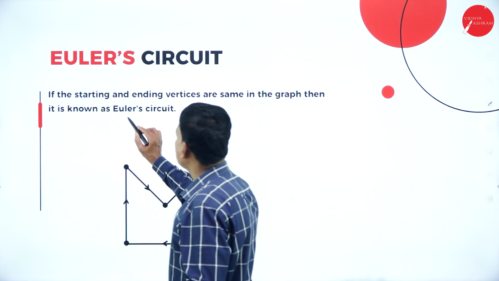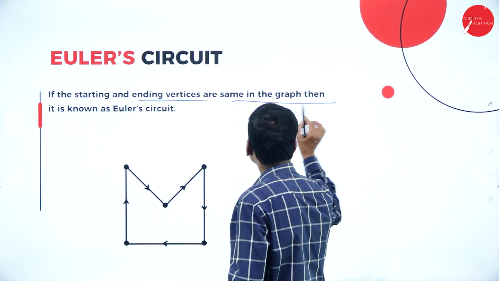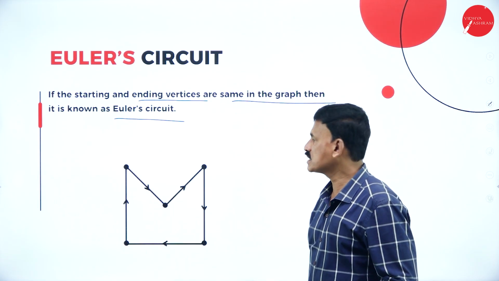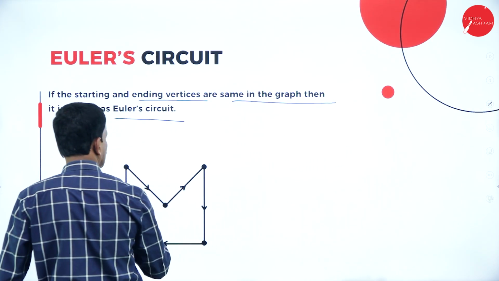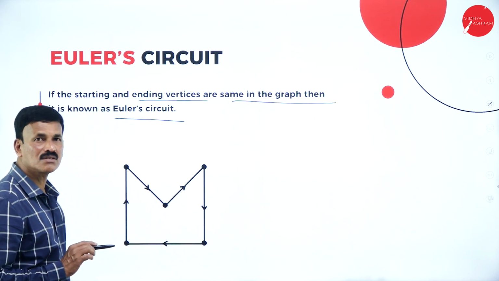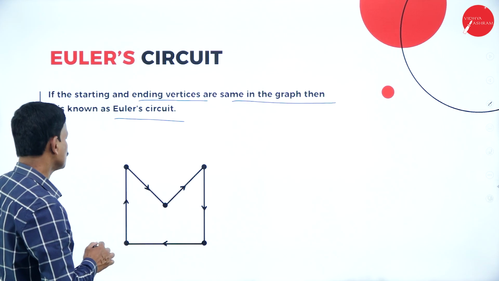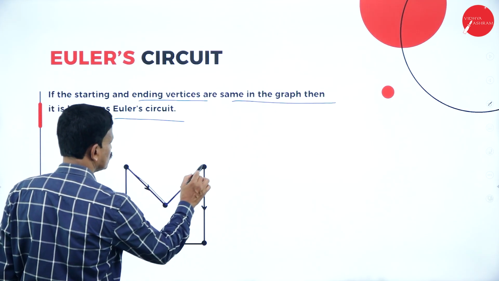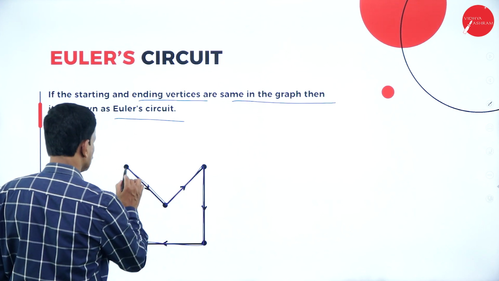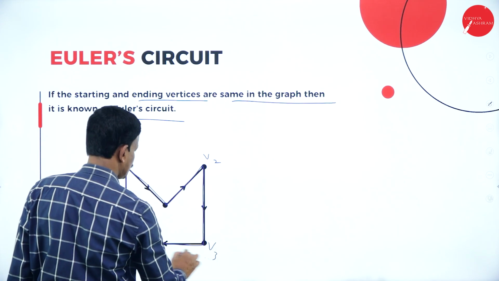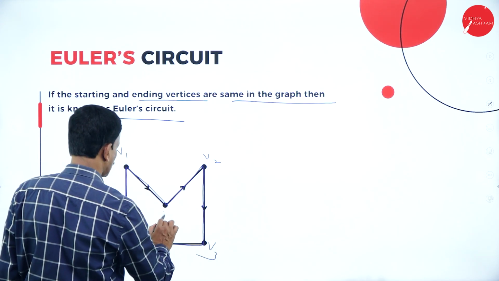If the starting and ending vertices are the same in the graph, then it is known as an Euler's circuit. This is an example of an Euler's circuit. Here the starting and the ending points are the same. Now let us start with V1, V2, V3, V4 and V5.